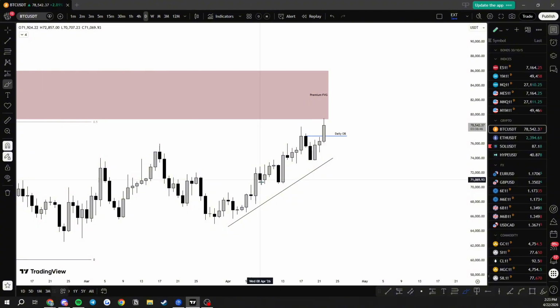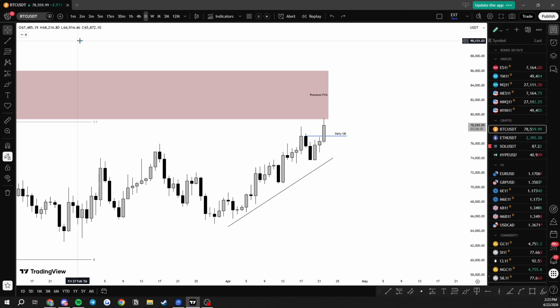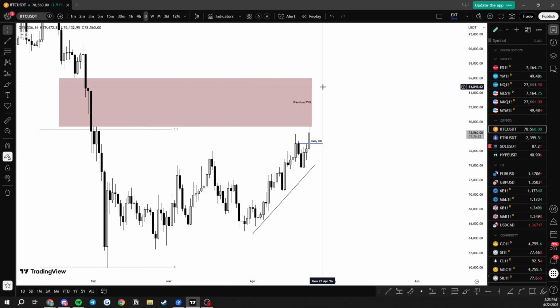Which again, like I told you guys, if we end up being right and this is just a big market maker sell model, and we end up rolling all the way over, we're gonna have a lot of time to get in. So we don't need to rush that, right? And for now, we can just kind of stick to longs until we get some good reaction off of this premium fair value gap, right?